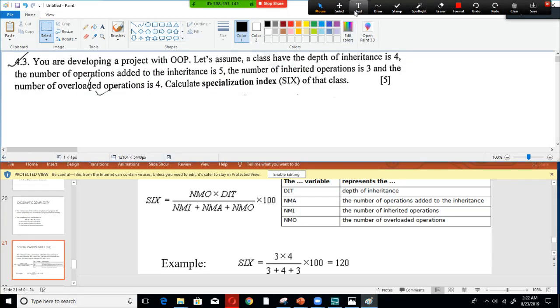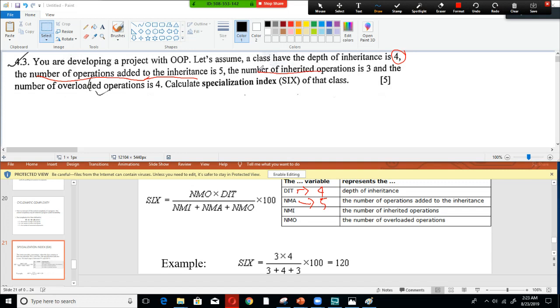We have the depth of inheritance, DIT, the value is given as 4 over here. The number of operations added to the inheritance, NMA, the value is 5.